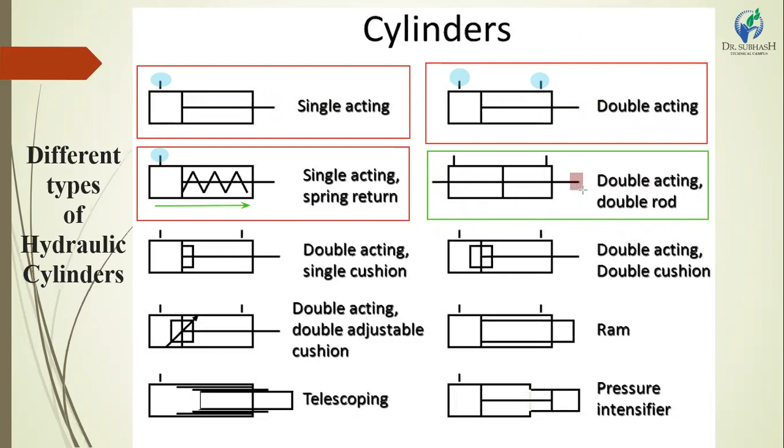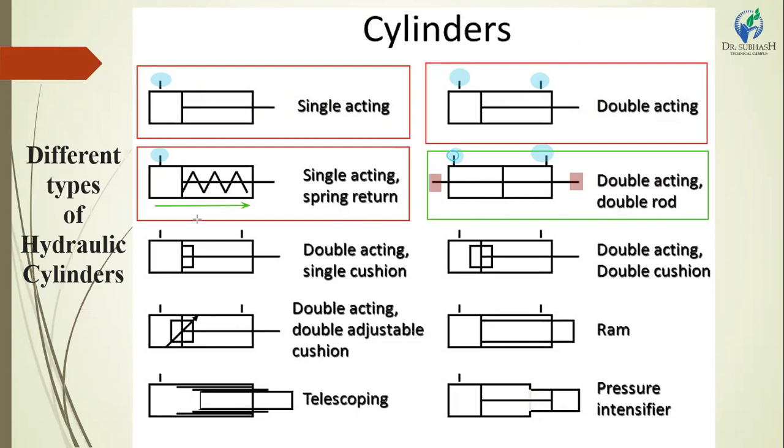You have to give one inlet and one outlet. It works on both sides of the piston. One is the inlet, the second is the outlet. If the positions are changed, the inlet and outlet are also changed.